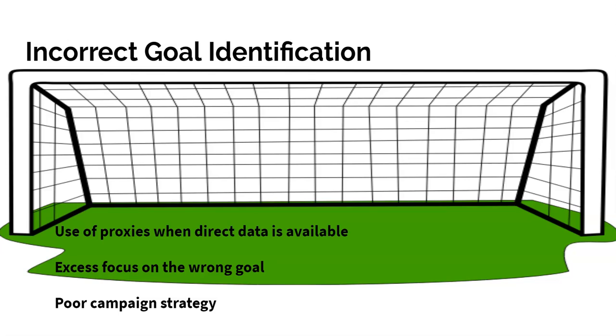And then in terms of campaign strategy, the more sophisticated people become within an organization about analytics, the easier it is for them to then come up with a campaign strategy where behaviors are built into the campaign that are easier to measure and then also serve as really good proxies that measure your KPIs accurately.